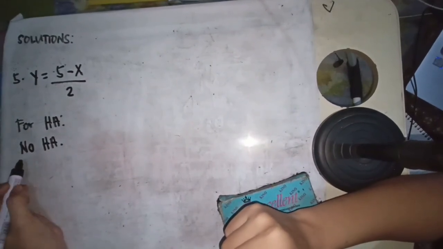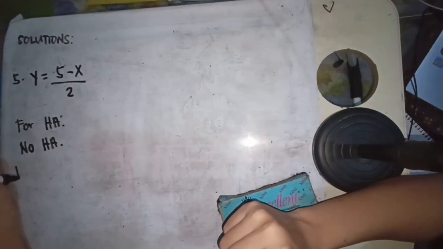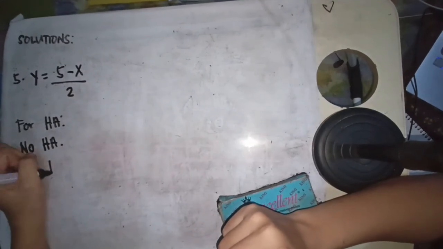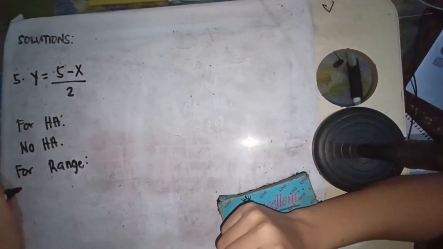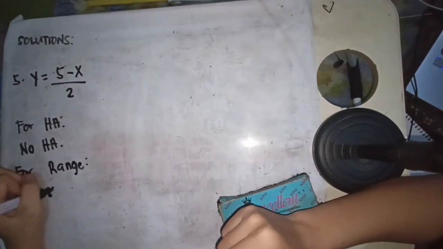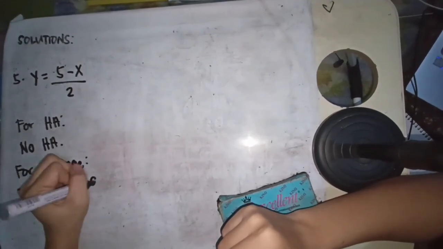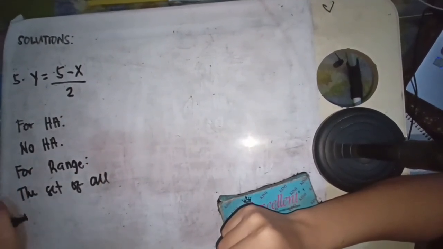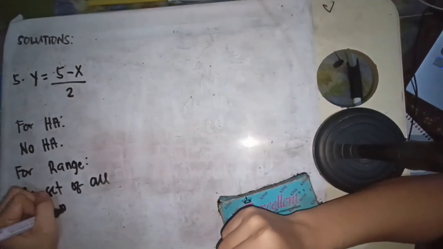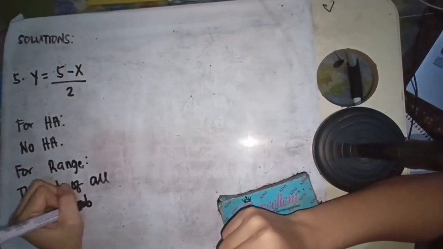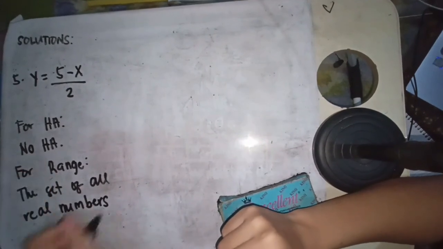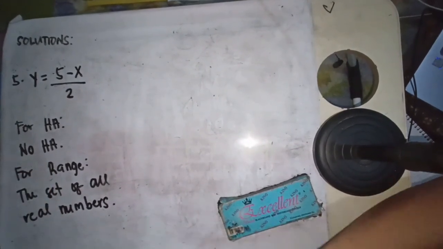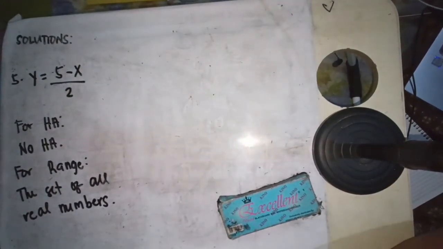So since na-identify nato na wala tay horizontal asymptote, for our range we'll have the set of all real numbers. Okay, since no horizontal asymptote man ta, therefore the range of the function is the set of all real numbers.